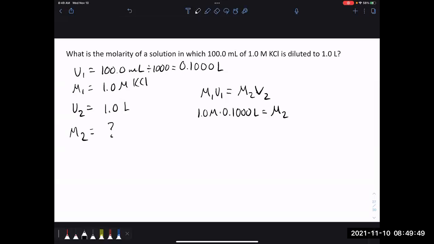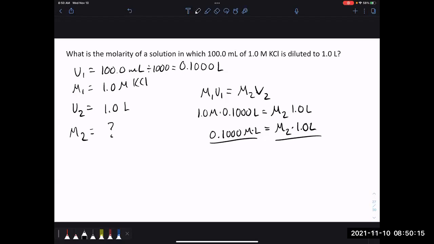And then our V2 is going to be 1.0 liters. So a lot of ones in this problem. So when we multiply this, we're going to get 0.1000 molarity liters equals our M2 times 1.0 liters.